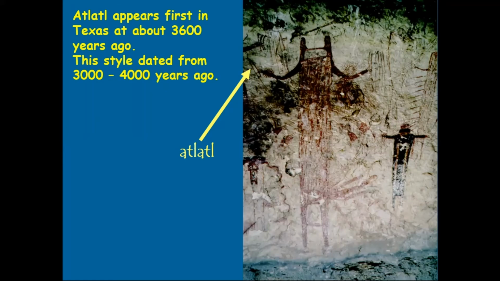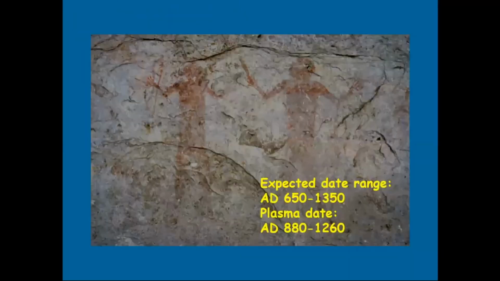This pictograph is from Texas, and we dated 30 or so of this style of pictograph that dated between 3,000 and 4,000 years ago. So the presence of the atlatl gives you some idea of how old the painting was.